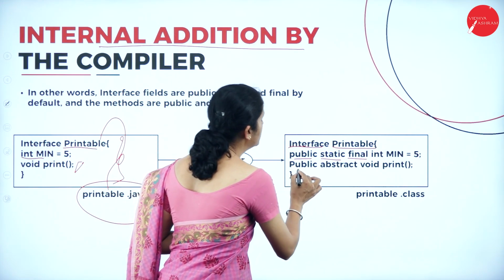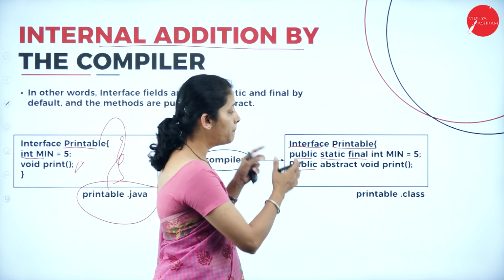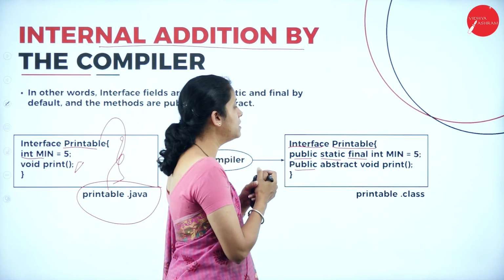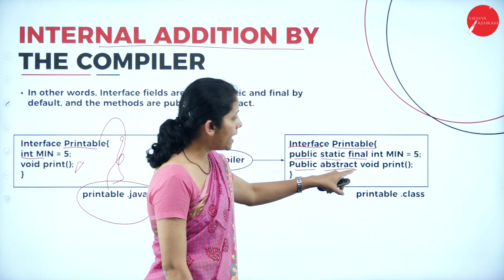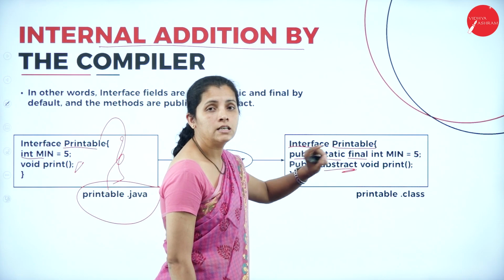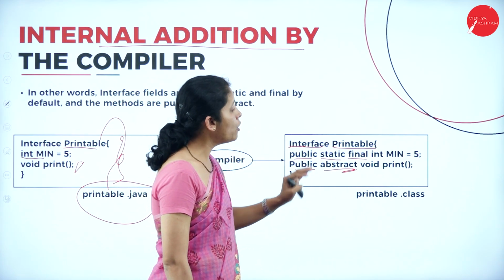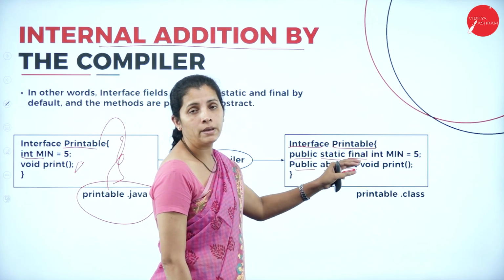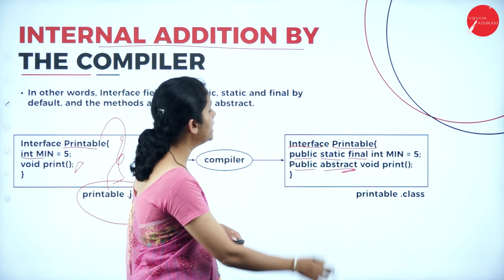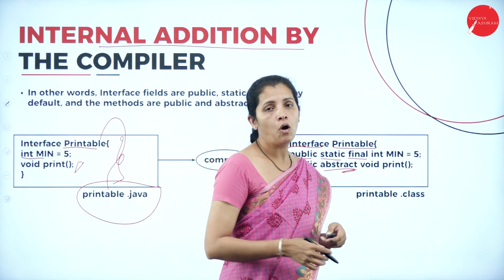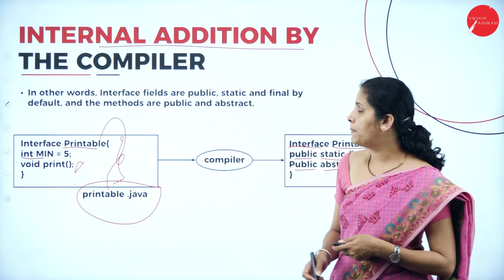Along with that, the compiler is responsible for placing the public keyword as well as the abstract keyword. That indicates that this particular method does not have any body, and the body of this method can be implemented in some other class. So this is the internal representation of an interface, and it is done by the compiler.